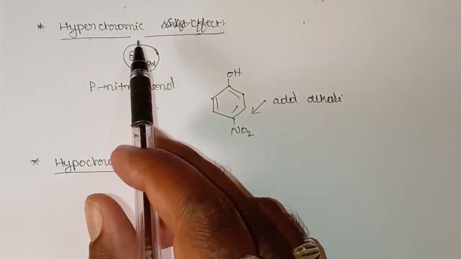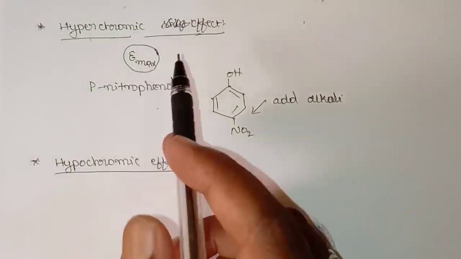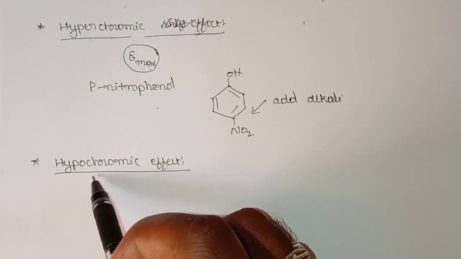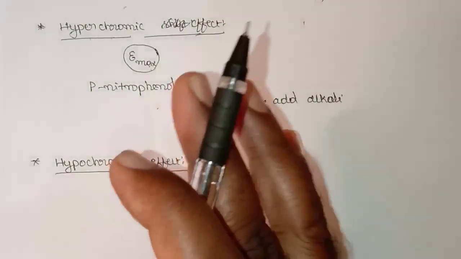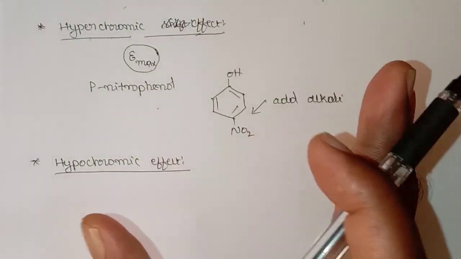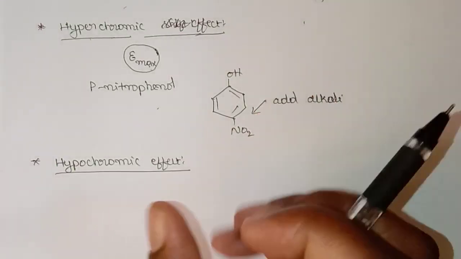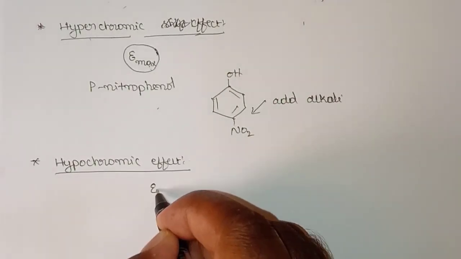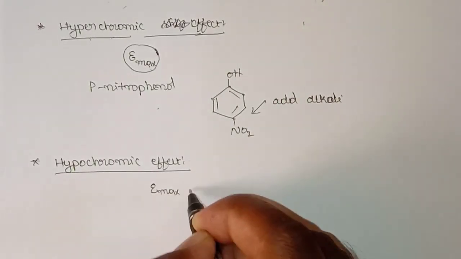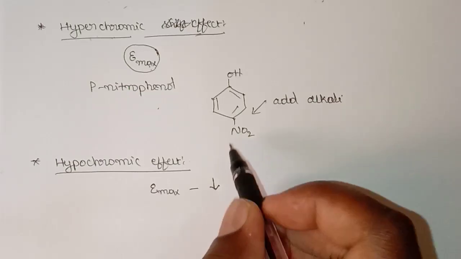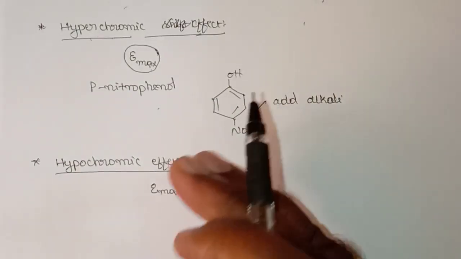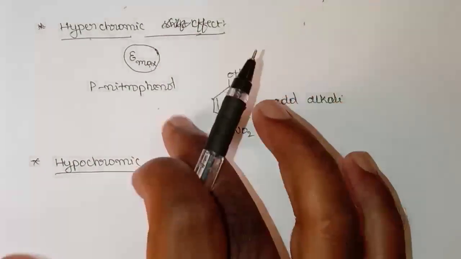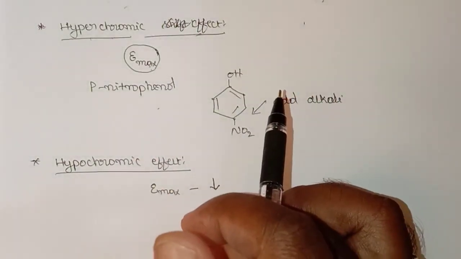We said that in the hyperchromic effect, the intensity of maximum absorption increases. In the case of the hypochromic effect, due to the presence of certain groups or some external factors, the intensity of maximum absorption, that is epsilon max, decreases. Such a decrease in the intensity of the maximum absorption is simply called the hypochromic effect.